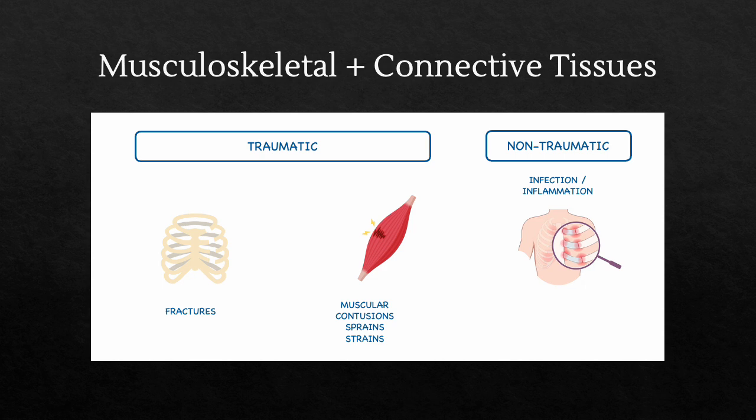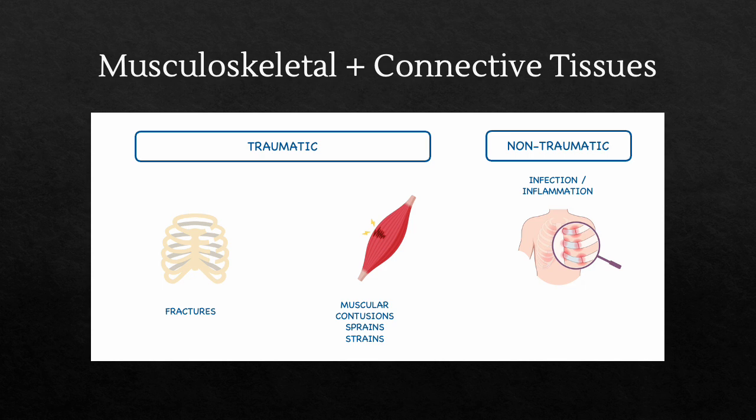Musculoskeletal and connective tissue conditions can result in chest pain. Musculoskeletal causes are actually fairly common. There are traumatic and non-traumatic causes. So fractures, muscular contusions, sprains and strains are important causes of non-cardiac chest pain.